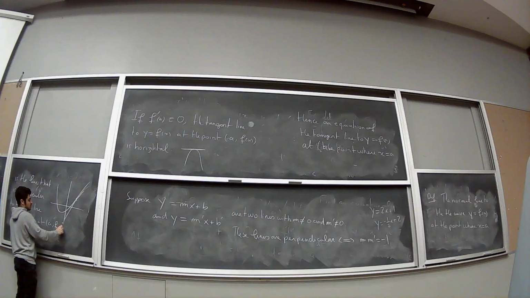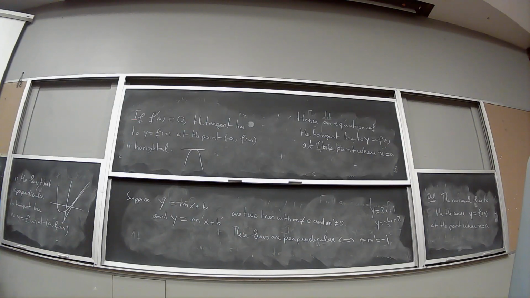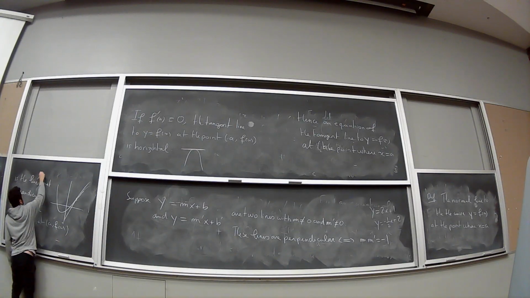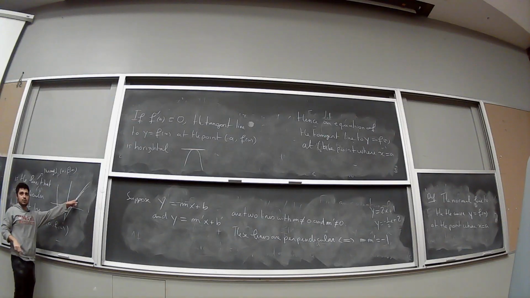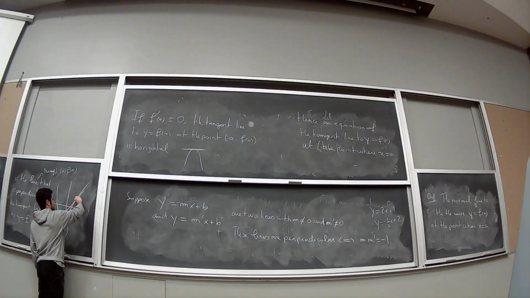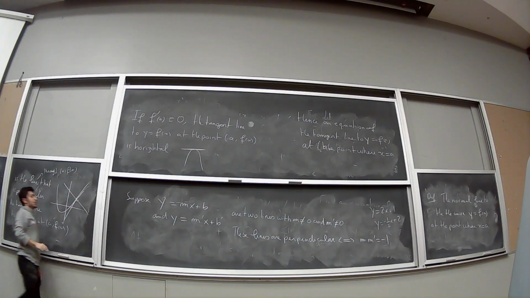So it's the line through a, f of a. I have a line that passes through this point that is perpendicular to this tangent line. And this is the normal line. Okay? This is the normal line.